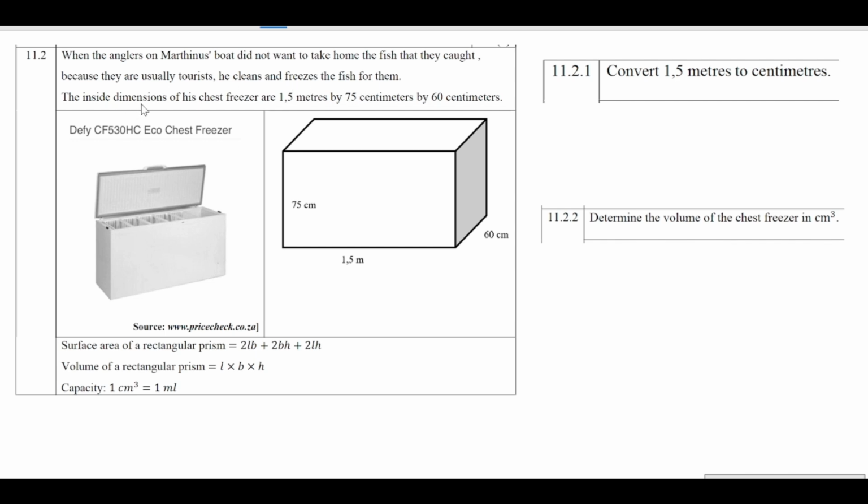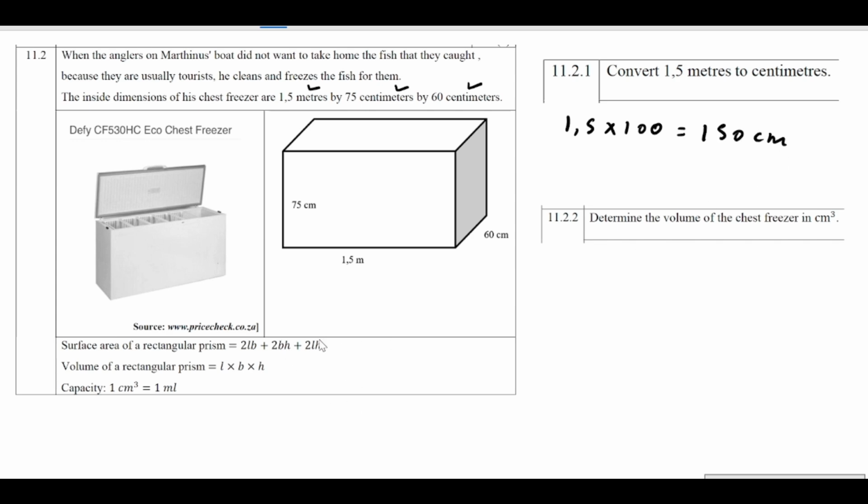The inside dimensions of his chest freezer are 1.5 meters, 75 centimeters, and 60 centimeters. Now convert 1.5 meters to centimeters. We take that 1.5 and multiply it by 100, which gives us 150 centimeters.